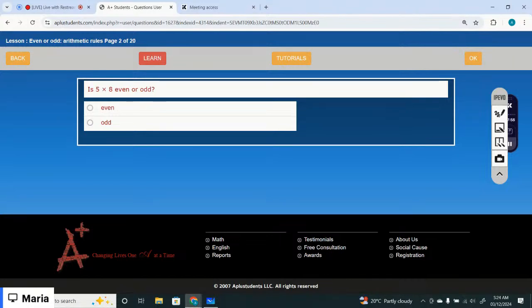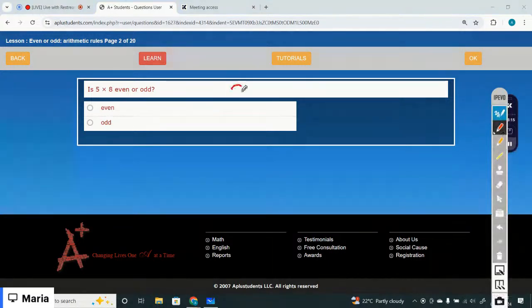Is 5 times 8 even or odd? Which is the correct option? 5 is an odd number and 8 is an even number. So that is a product of an even and odd number.